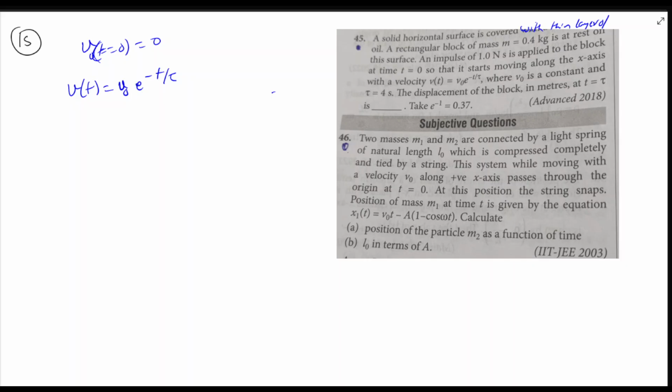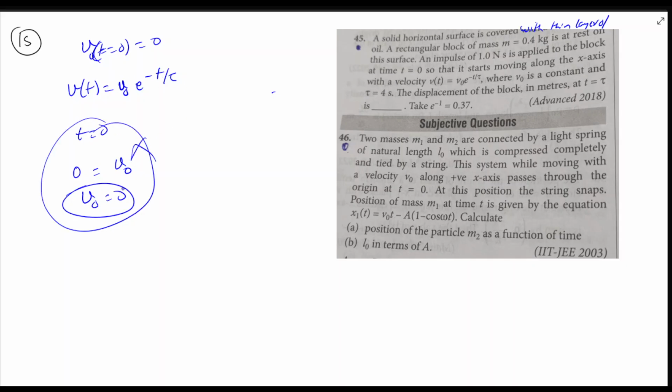If you put t equal to 0, this will be 0 equals v naught. So v naught will be 0, right? If v naught is 0, then velocity will not change.